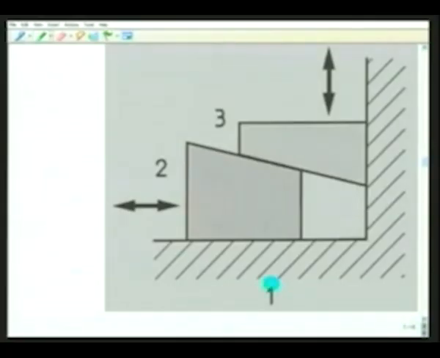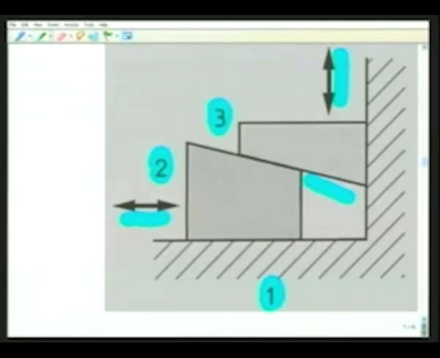Again, there are 3 links, link 1, link 2 and link 3. This constitutes a closed kinematic chain and there are 3 prismatic pairs: one in the horizontal direction between link 1 and 2, one in the vertical direction between link 1 and 3, and one in this inclined direction between links 2 and 3.